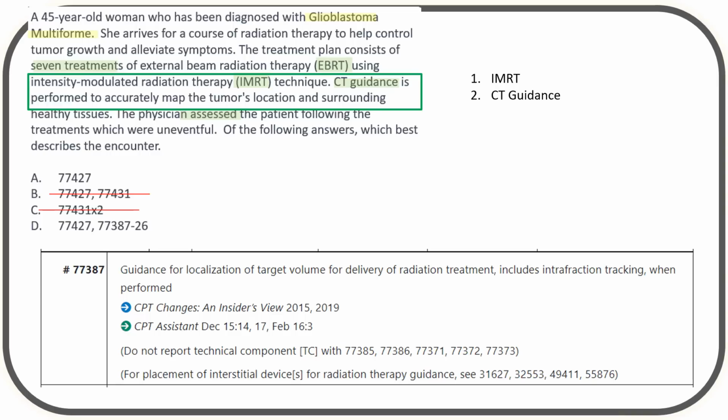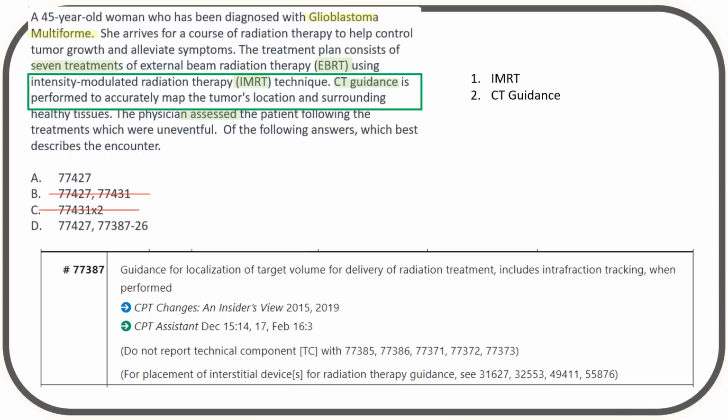So it was utilized. And if you read the parenthetical note, it said don't report this code with technical components, and for placement of interstitial devices for radiation therapy guidance, they tell you where to go. We don't have interstitial devices implanted, so we're not coding for that.